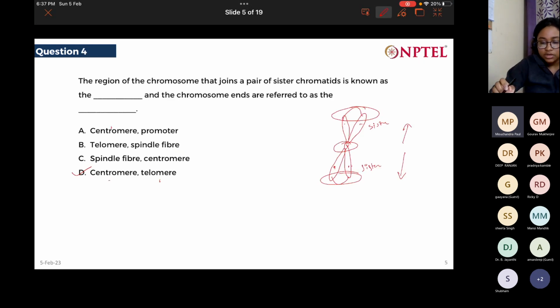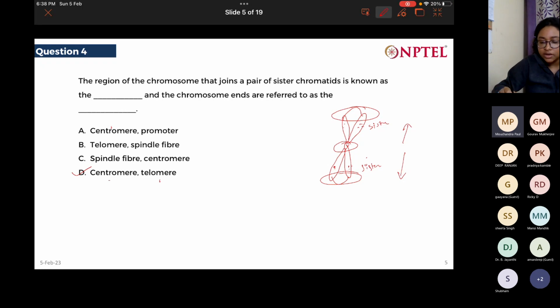Now in this question, you have to understand the structure of the chromosome, which is formed during mitosis or meiosis, when the cell is going to divide. The region of the chromosome that joins a pair of sister chromatids is known as. Here is the structure of the chromosome that I have drawn, and these two are called sister chromatids.